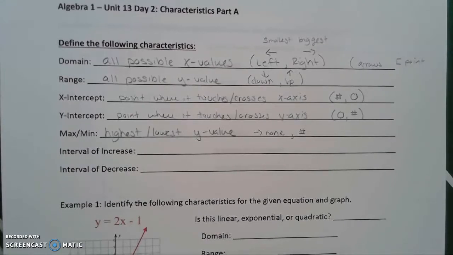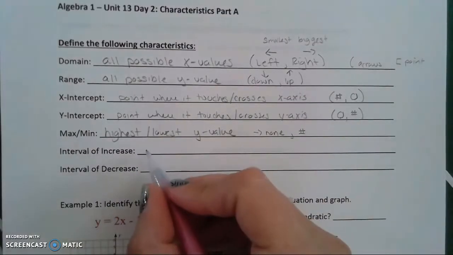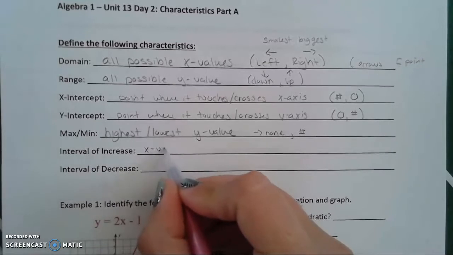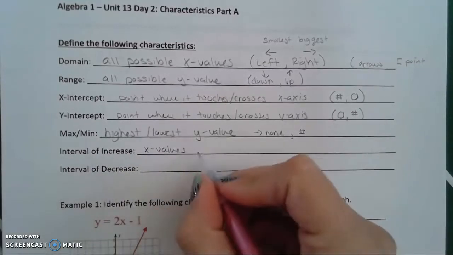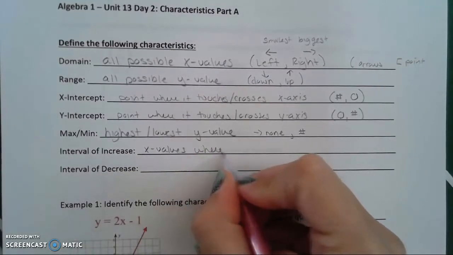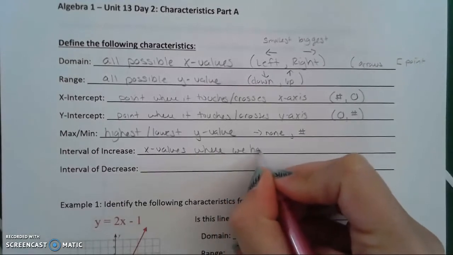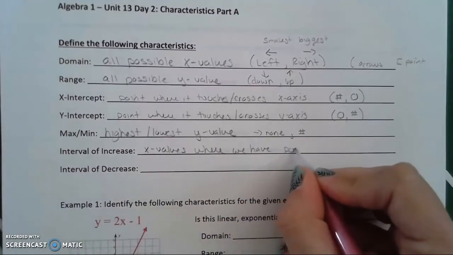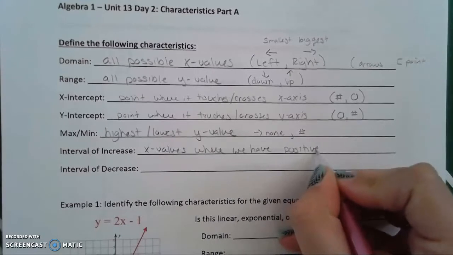Then intervals of increase and decrease. So remember, intervals are a set of numbers from one number to another number, and where it's increasing is going to be all those values that have a positive slope. So these are going to be the x values where we have positive slope.